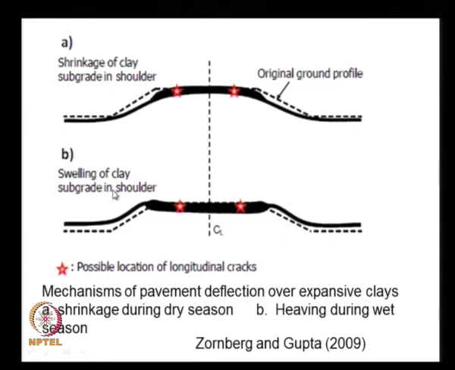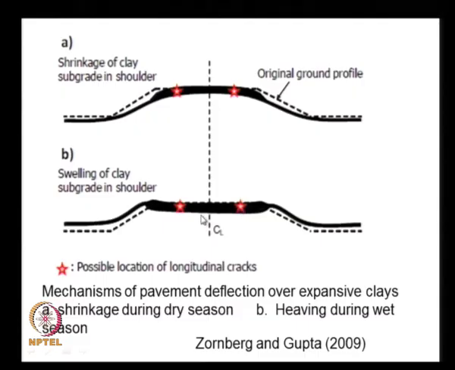Or the reverse may happen during the rainy season. There is a volume expansion. So, here the dotted line is the original configuration, and the solid line is the new configuration after the swelling, and once again we can have the tension cracks at these locations.